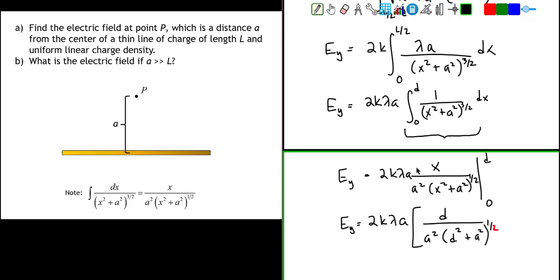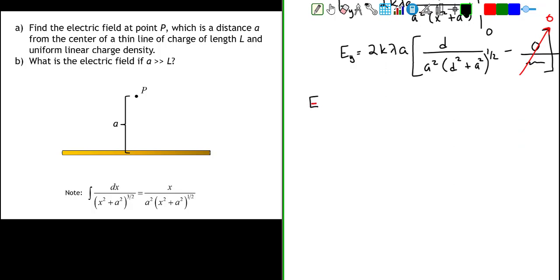That's the first term. And the second term is 0 over that stuff because the lower limit of integration is 0. So that term is 0.